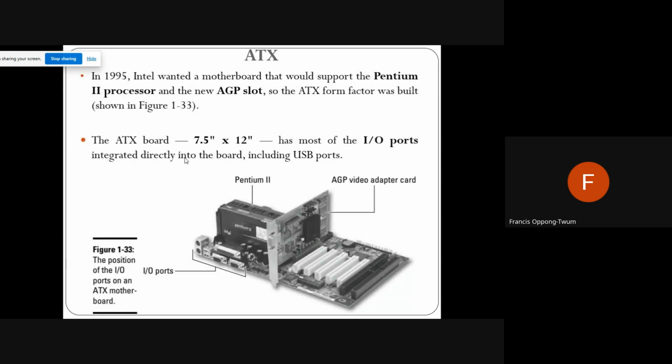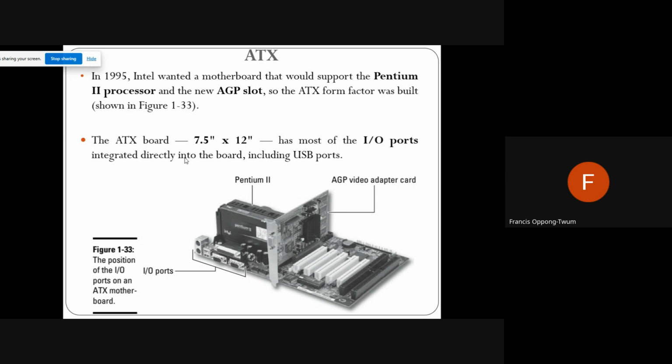Then we also have the ATX motherboard. What happened is that in 1995, Intel wanted a motherboard that would support the Pentium 2 processors and the AGP slot. So the ATX form factor was built, which means that current computers are using the ATX motherboard.